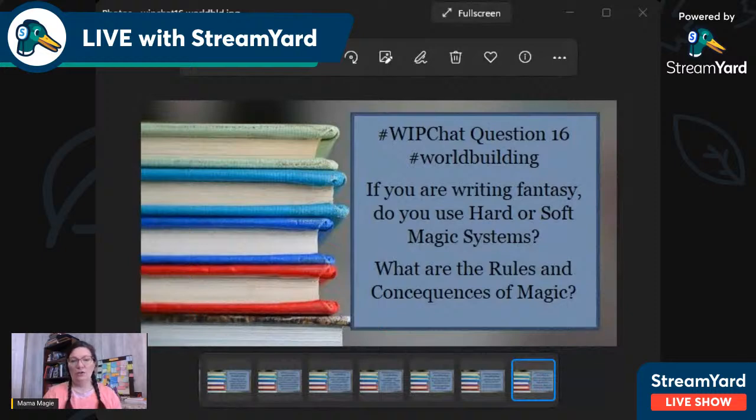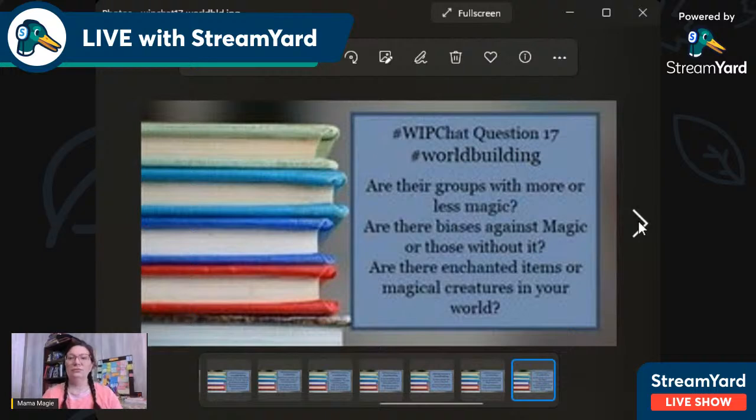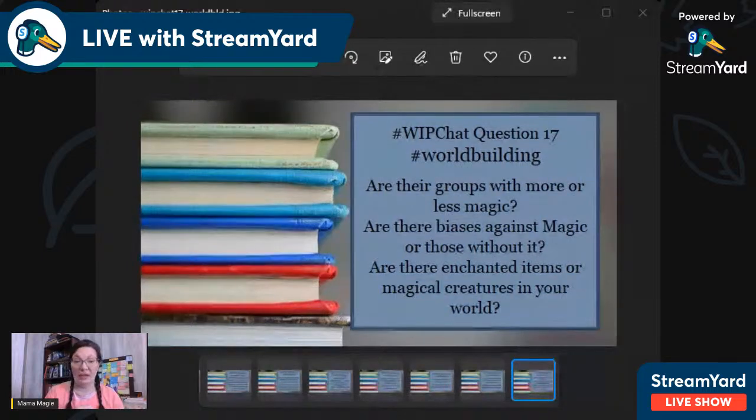Question number 17. For hashtag whip chat, hashtag world building: are there groups with more or less magic? Are there biases against magic or against those without magic? Enchanted items, magical creatures, what are the things in your world?